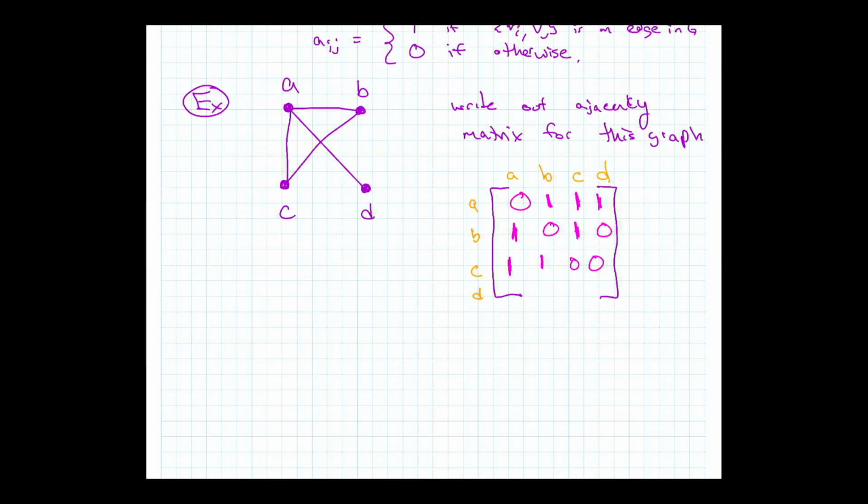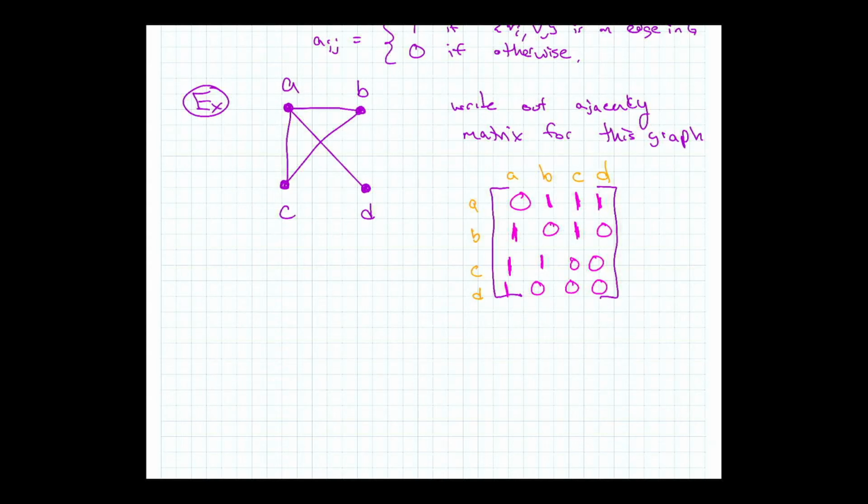All right, last one. D, there's DA, no DB, 0. No DC, so 0. No DD, 0. All right, and there you go. That's your adjacency matrix.